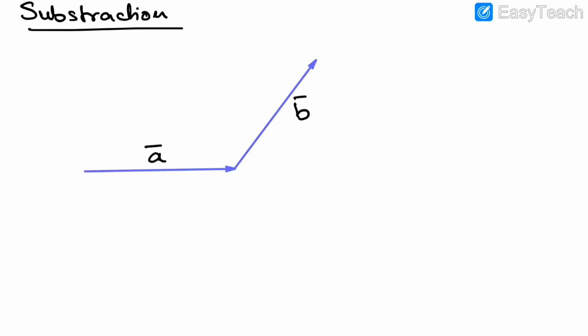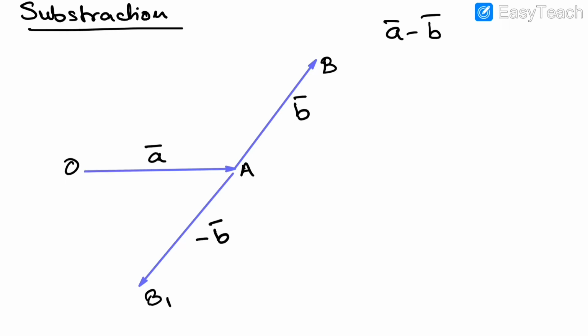So if I am told to do a minus b vector, what is a minus b? How to do it? If this is b vector, what is minus b? Minus b will be opposite to this direction, same magnitude, a vector of same magnitude. Okay, so O, A, B, B1. So A, B1 is the minus b vector.